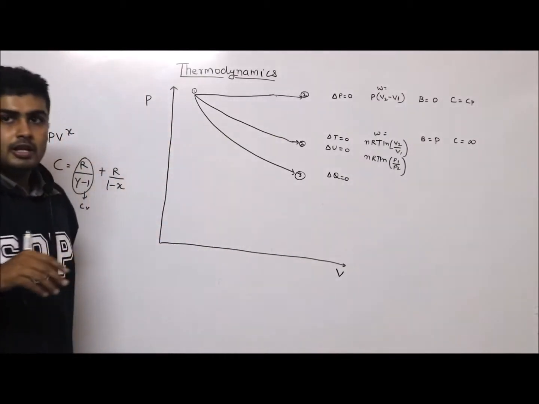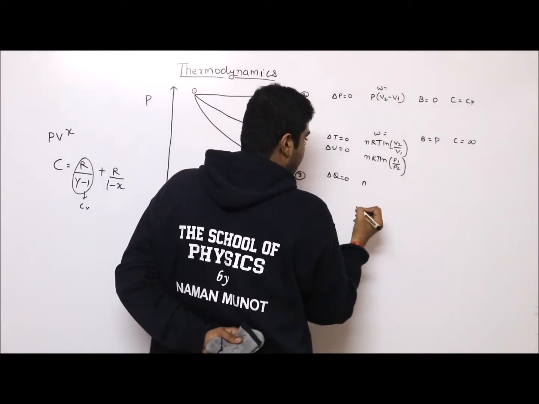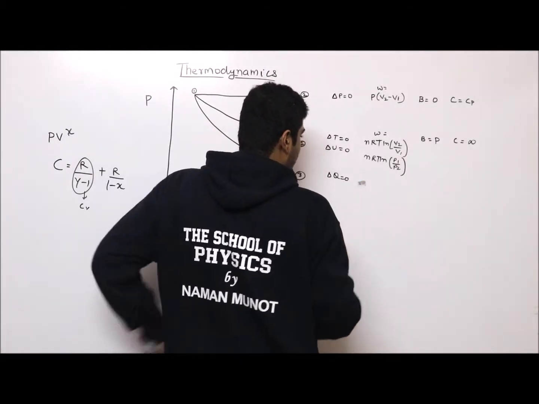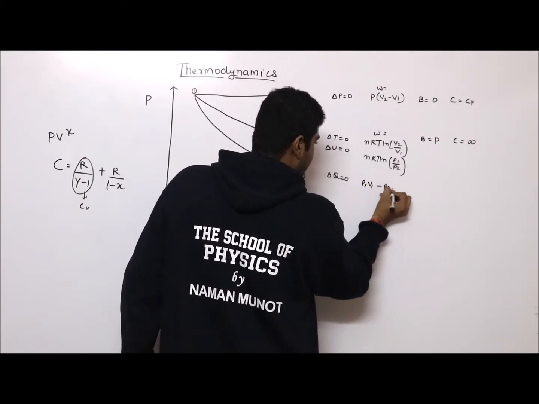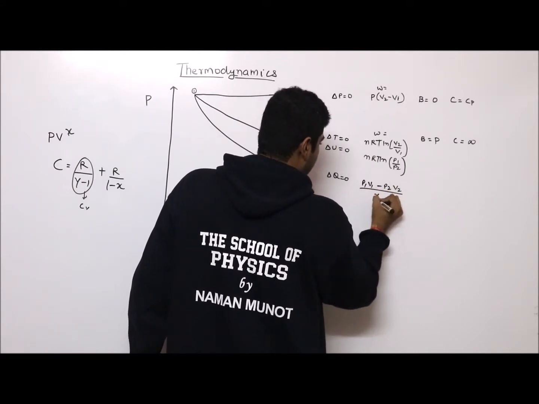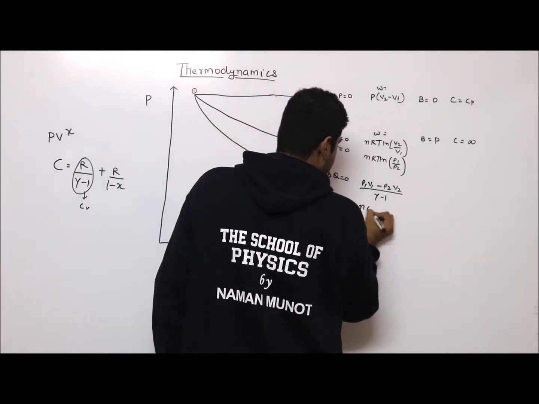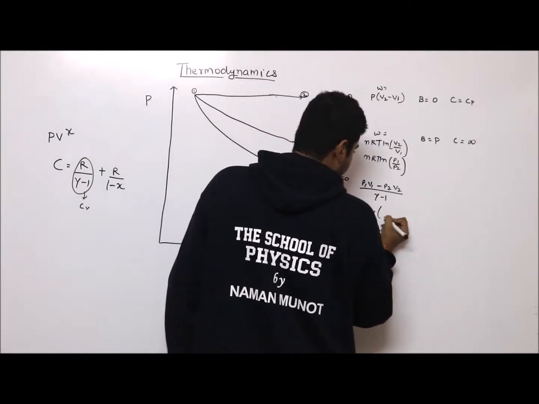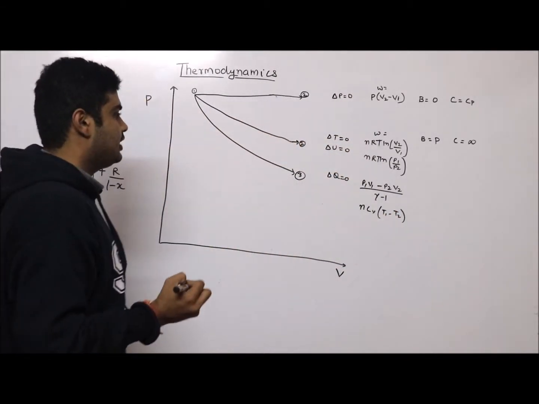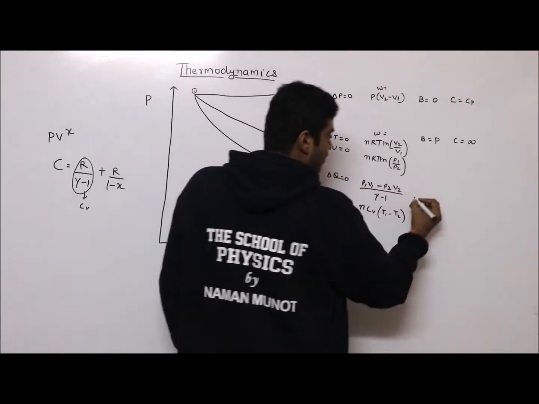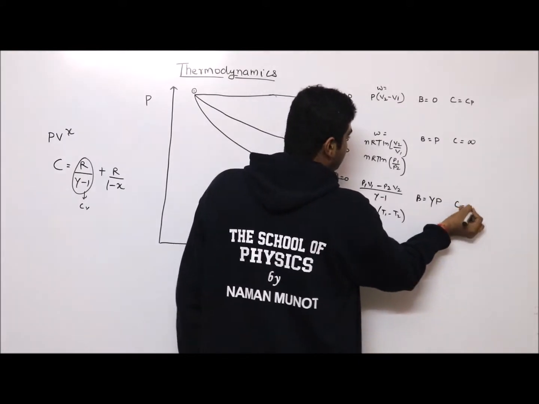The work done is P1 V1 minus P2 V2 upon gamma minus 1, where gamma is the adiabatic constant, or work done can also be written as nCV (T1 minus T2). So this is the formula for work done. Bulk modulus in this case is equal to gamma into pressure, and C is equal to 0.